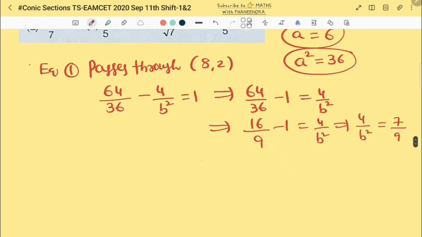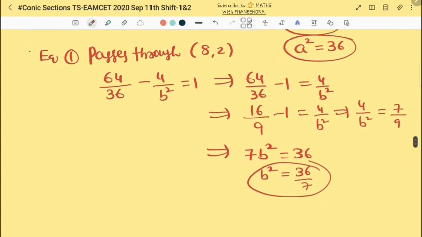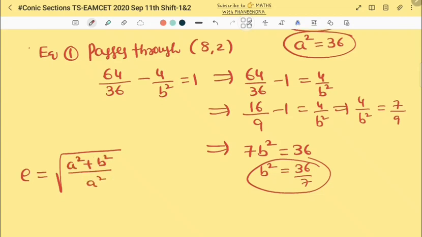So from this, make b square the subject. 7 b square equal to 36. b square equal to 36 by 7. We know a square value and b square value, so eccentricity is equal to root over a square plus b square divided by a square.